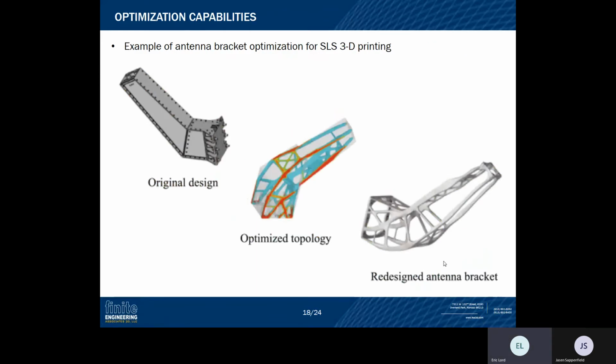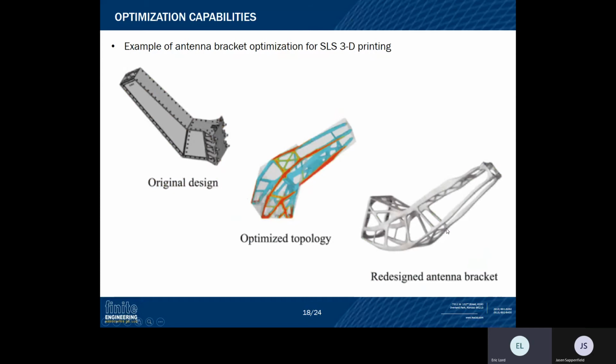So another example of a bracket optimization for an antenna. And this was one that was actually planned to be, not initially, but selective laser sintering. So metallic laser or 3D printing, if you will. So here's the original design with lots of little rivets and so on. Quite a complex piece. And then doing some topology optimization on it, going from this to this unique structure here.